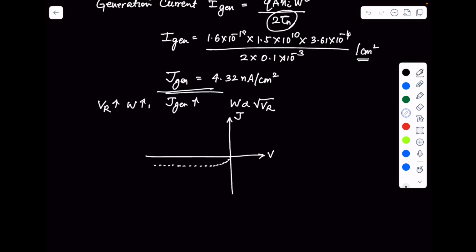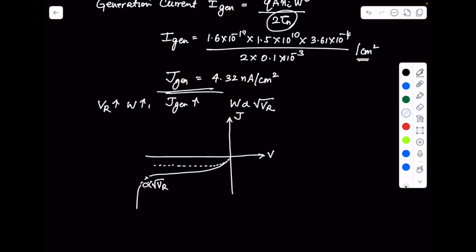However, what you see here is that this current increases as a function of the applied voltage, roughly proportional to the square root of VR. And this is going to continue till eventually one of the breakdown mechanisms, be it avalanche or Zener, occurs. In this case, given it's a P plus N junction, it most likely might be avalanche. So till avalanche occurs, the reverse bias current will keep increasing.